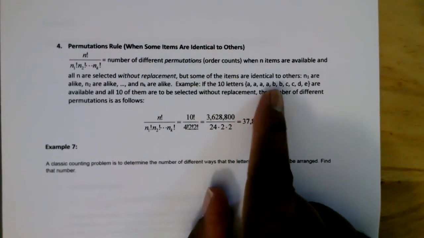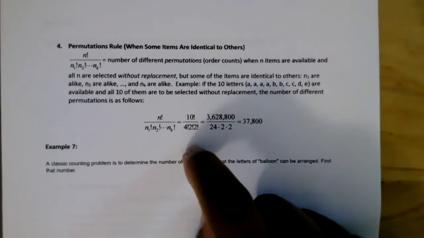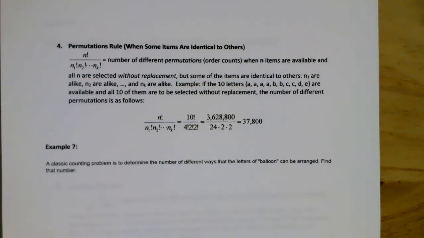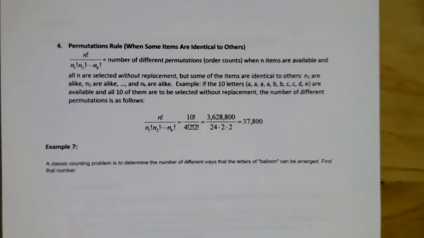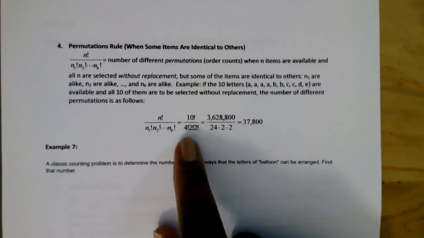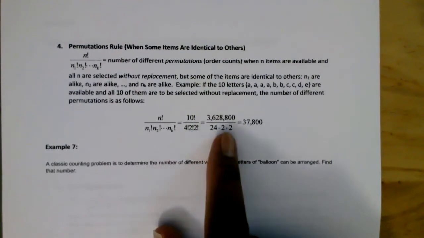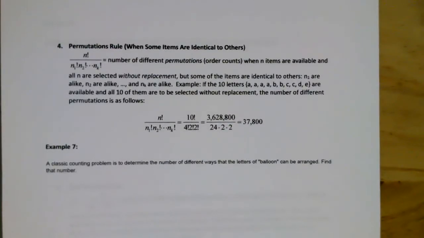I have 2 B's, they're alike, 2 factorial, and 2 C's, another 2 factorial. The D and the E appear only once. So 10 factorial will be 3,628,800 divided by 4 factorial, that's 24. 2 factorial is 2. 2 factorial is 2. Simplify this, you'll get 37,800. Okay.